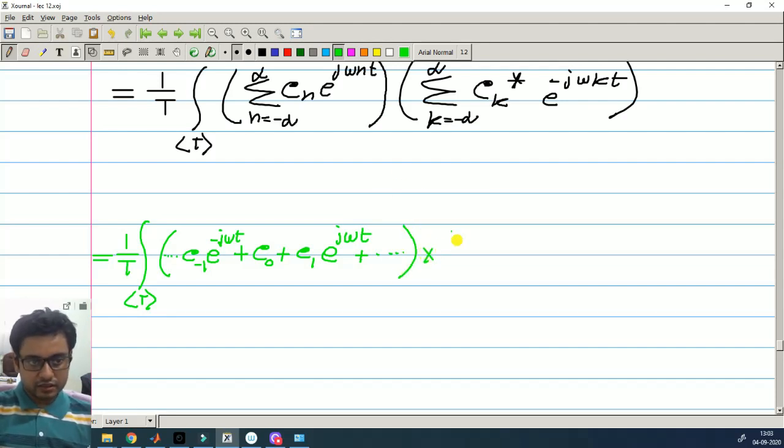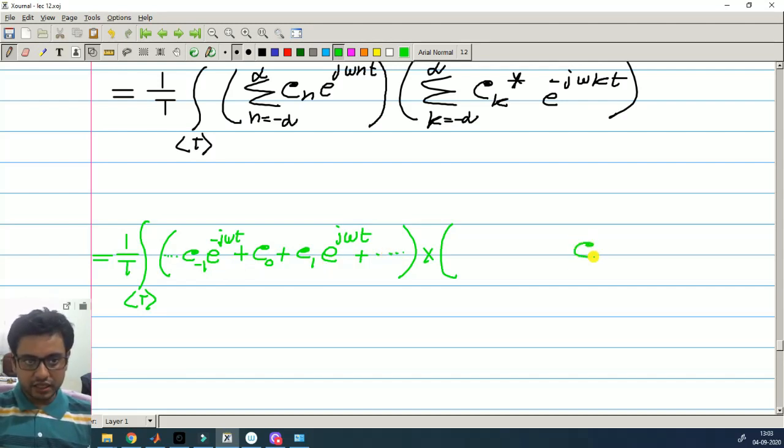Next, consider the sum inside this second parenthesis. This is again very much similar to this first series of terms.